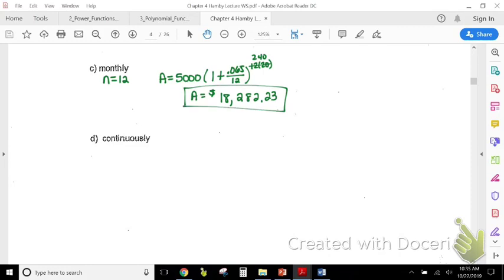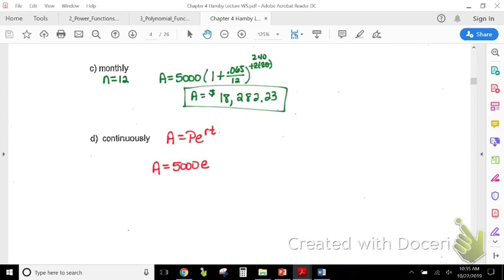And then continuously. What is my N for continuously? It's the last equation, so we don't have an N for it. It's that other equation: A equals P times E raised to the RT. So we're still after that ending amount. P is still 5,000.